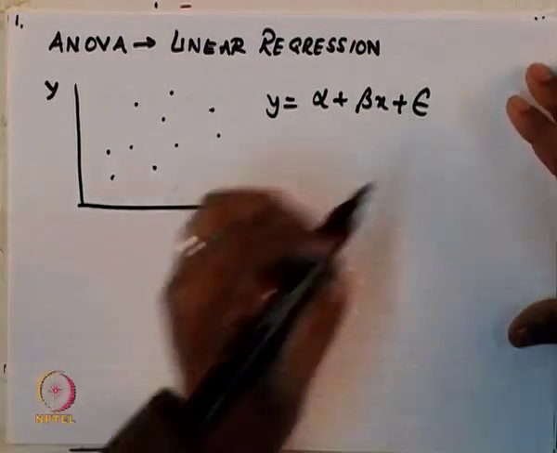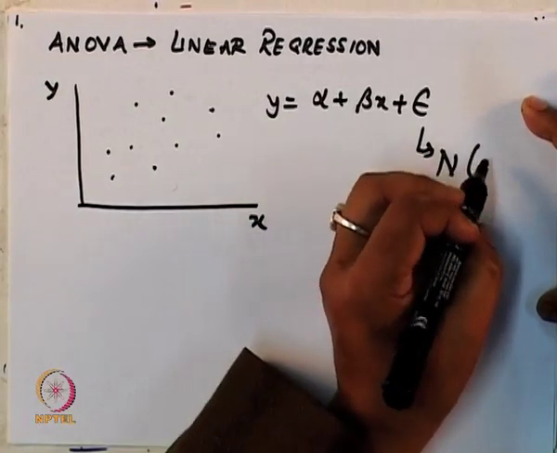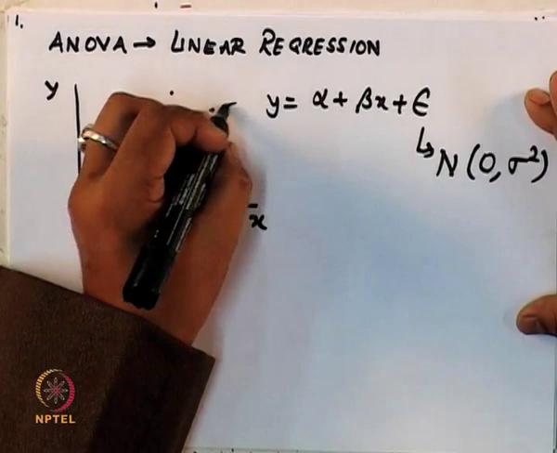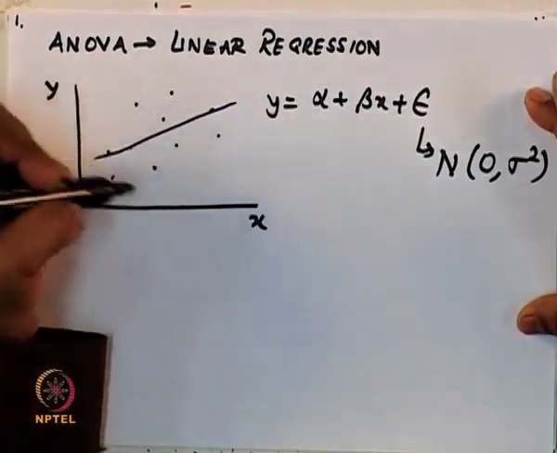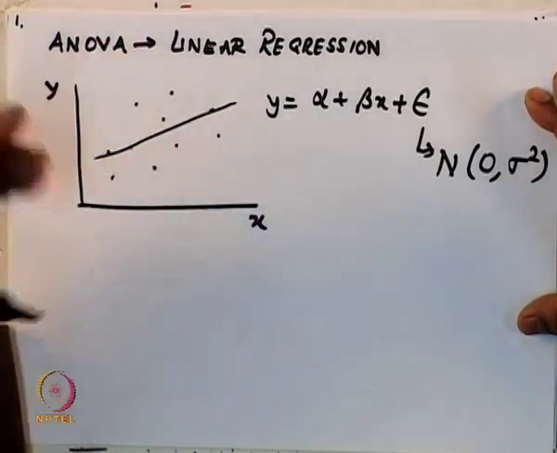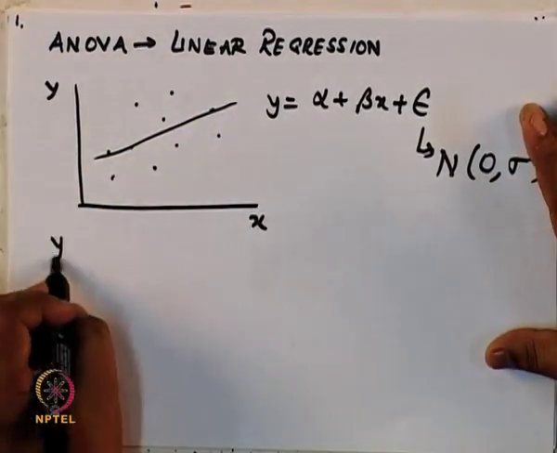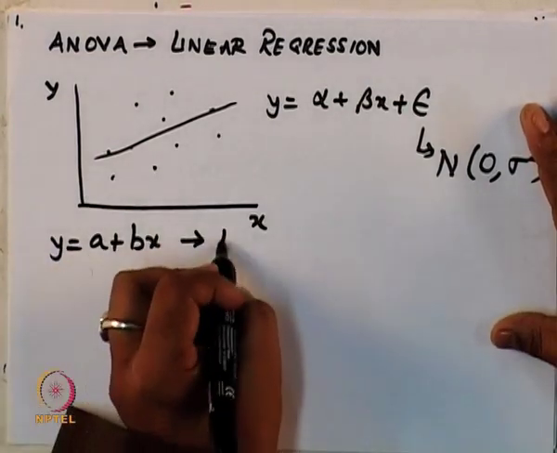This epsilon follows a normal distribution with mean of 0 and variance of sigma square. So, it is as if on a line you have added a random error term at each point, thereby generating this scatter. Okay. So, we want to generate a line y is equal to a plus bx, which is called the best fit line.